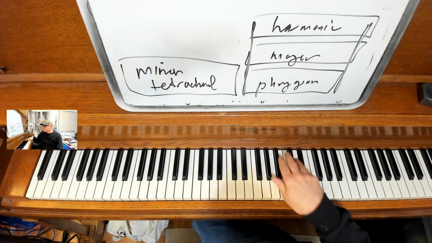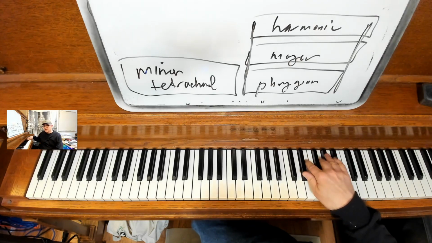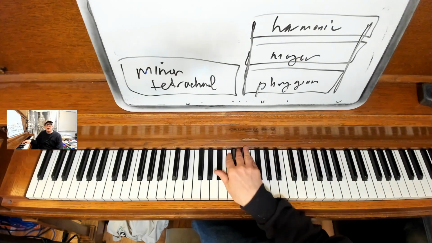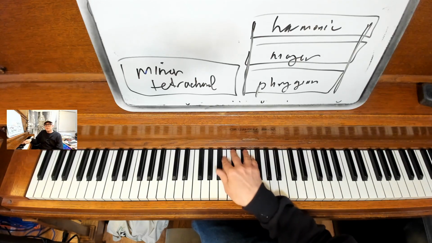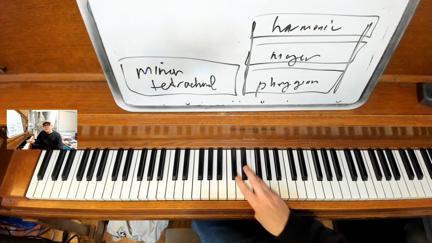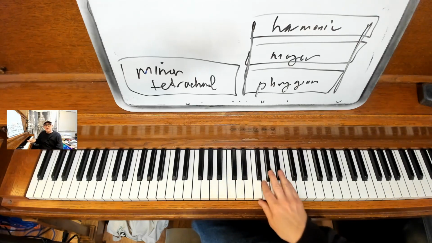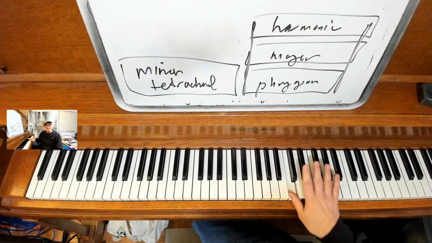Go up 5 notes to E flat: major, minor, Phrygian, harmonic, and go up 5 notes to B flat, and we'll go down here: major, minor, Phrygian, harmonic, and go up 5 notes in B flat to F: major, minor, Phrygian, harmonic. And then you go back up 5 notes and you're back to C again, okay?